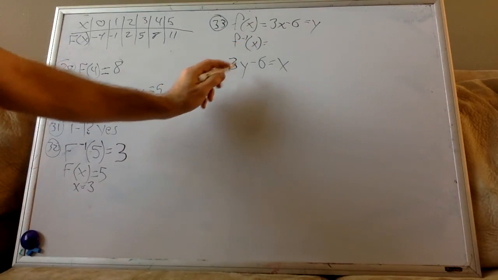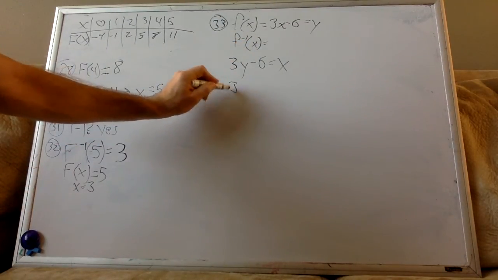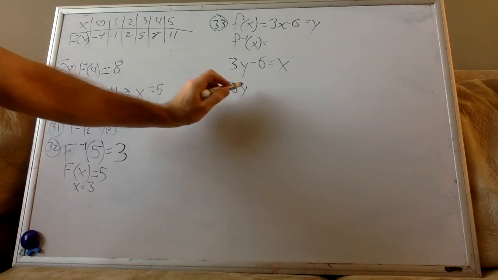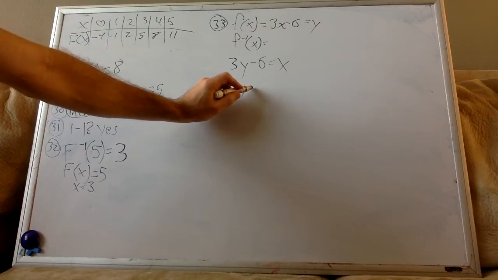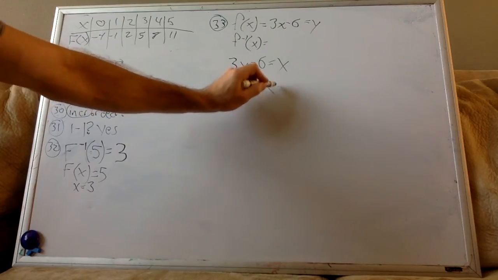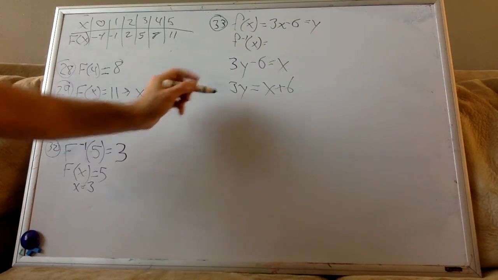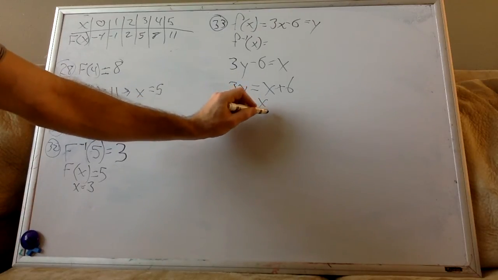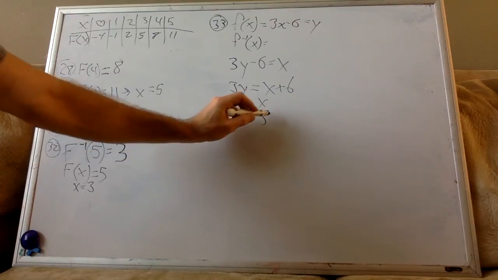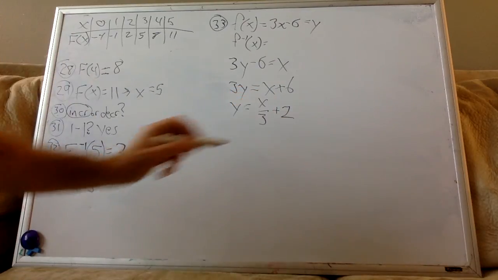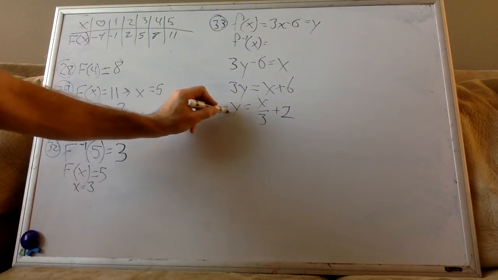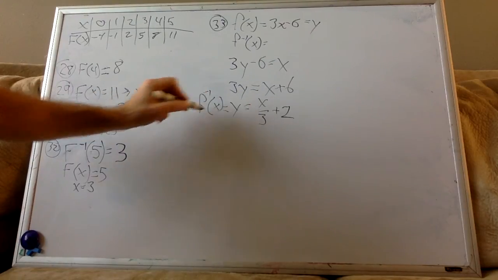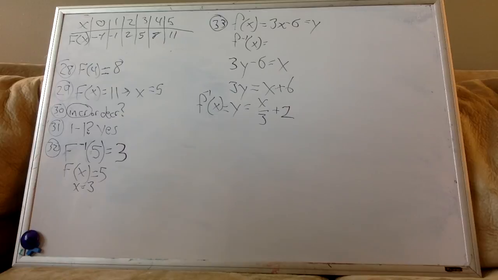And then I'm just going to go through a quick process of solving for y. So now I can have y in terms of x. So I'm going to add 6, and I'm going to divide. So I get x over 3 plus 2. And now I'm going to rewrite that as f inverse of x, my new function notation.